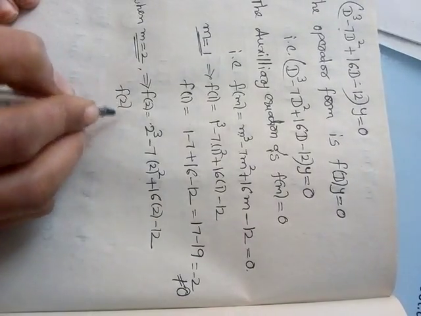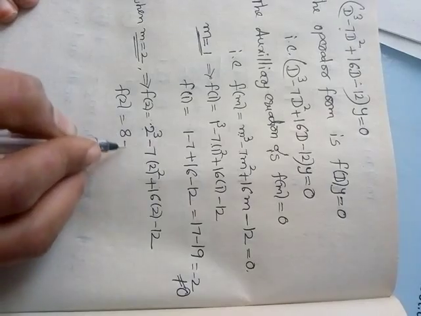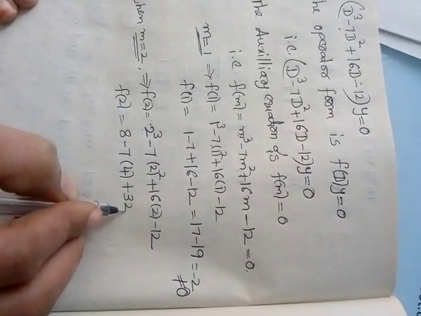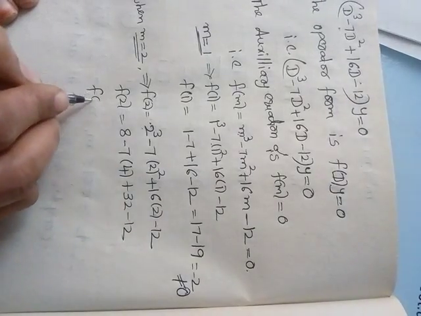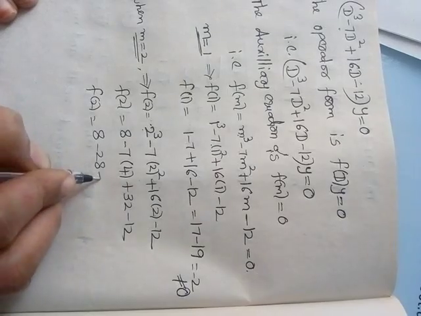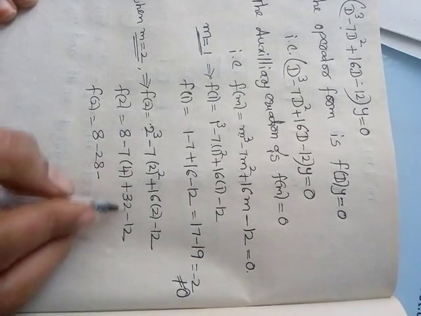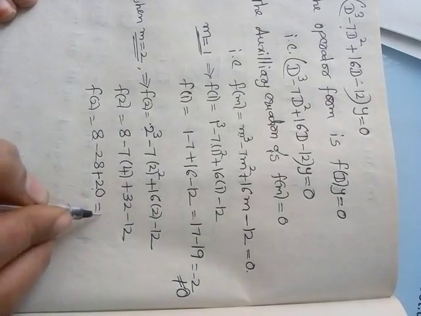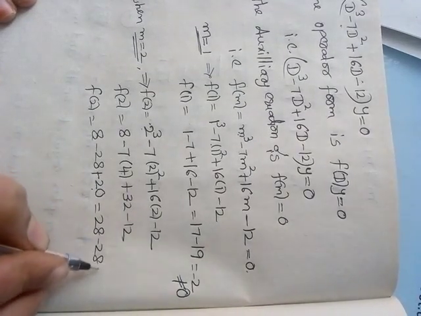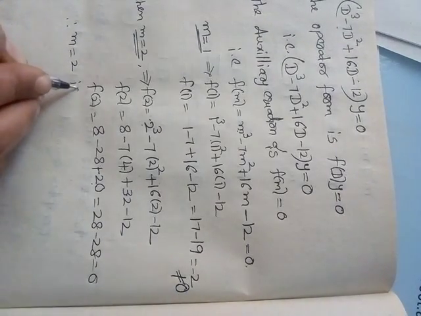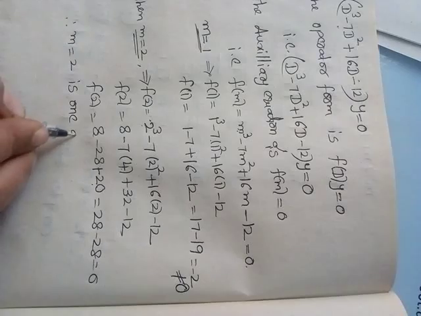Then f of 2 equal 2 cube 8 minus 7 into 4 plus 16 into 2, 32, minus 12. F of 2 equal 8 minus 28 plus 32 minus 12 is 20. 28 minus 28, that equal 0. Therefore m equal to 2 is one of the roots of the auxiliary equation.